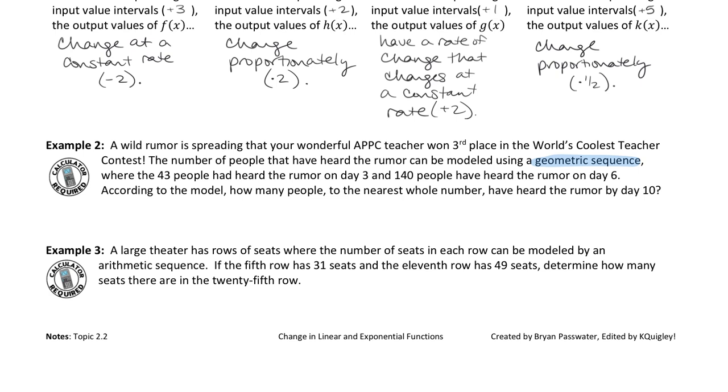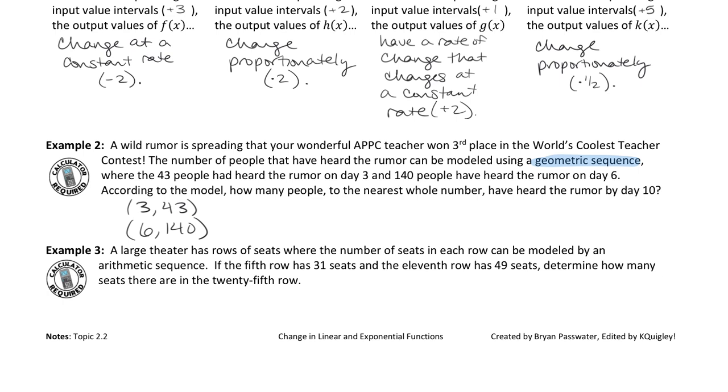Here's what I know. I know that on day 3, there were 43 people that had heard this amazing rumor about your wonderful APPC teacher. And on day 6, there were 140 people who had heard this wonderful rumor.